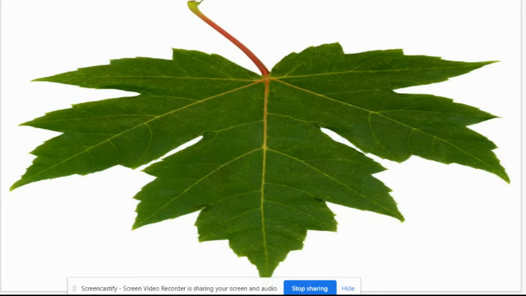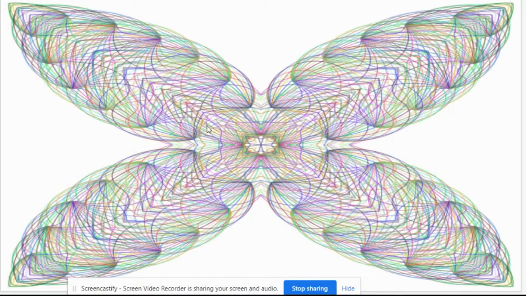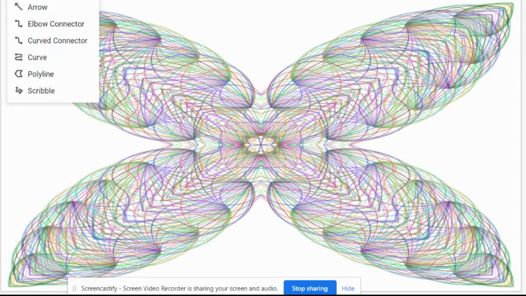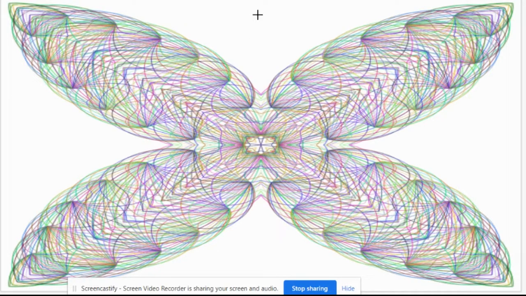We're going to look at one final image right here. We're going to draw a line of symmetry, a vertical line through the center.